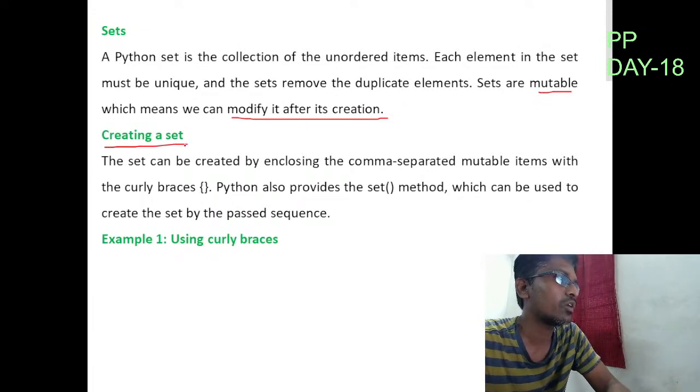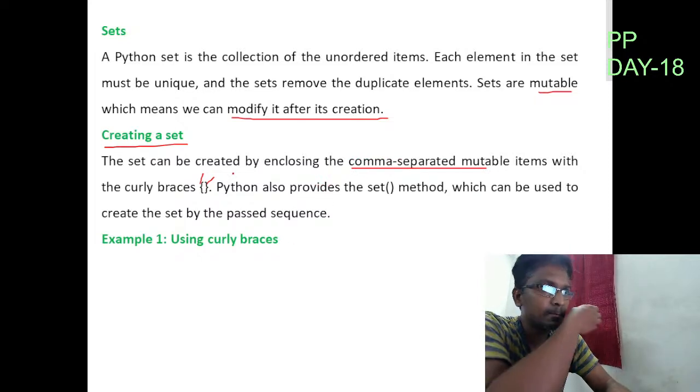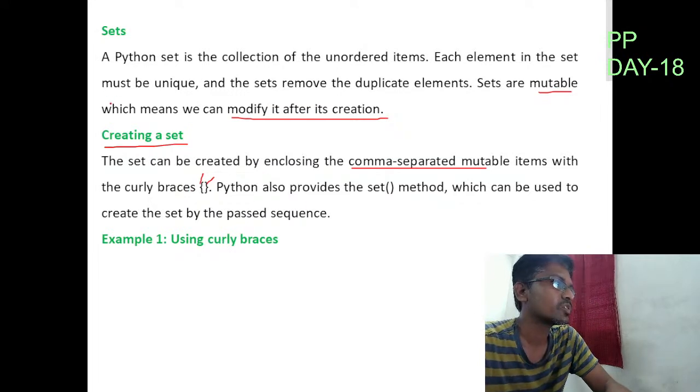And how to create a set in Python? How to represent a set in Python? By using open and closing curly brackets. In between the curly brackets, you write the values, and these values are separated by commas. So it is possible to create a set in Python by using open and closing curly brackets, as well as by using the set method.